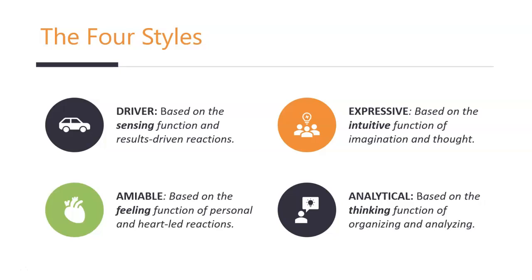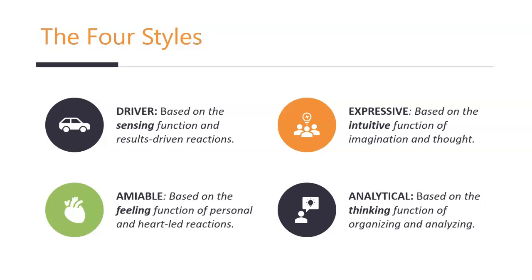So the 4 styles. Driver, which was the lower right quadrant, is based on more of the sensing function and is very results driven. So driver, think results driven. Expressive, more imaginative, full of thought, thinking.